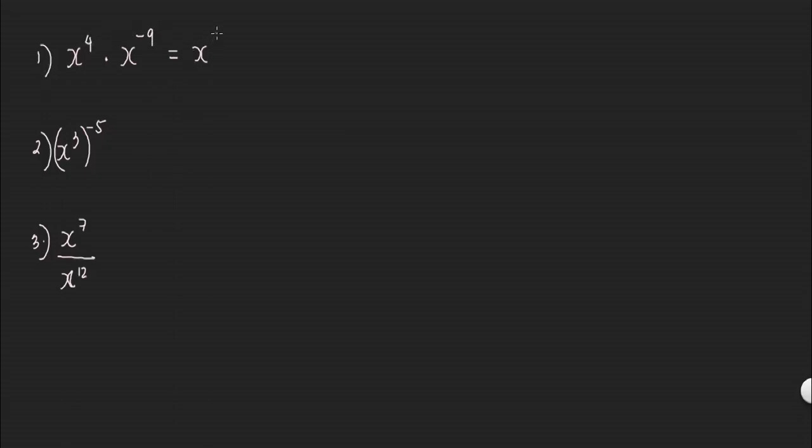Okay, so we have 4 plus negative 9. As you can see, mas malaki yung negative 9 kaysa sa 4. So, ang tendency yung negative yung magiging exponent dito. And kapag pinag-add natin siya, 4 plus negative 9 is also equivalent to 4 minus 9. And that is negative 5.